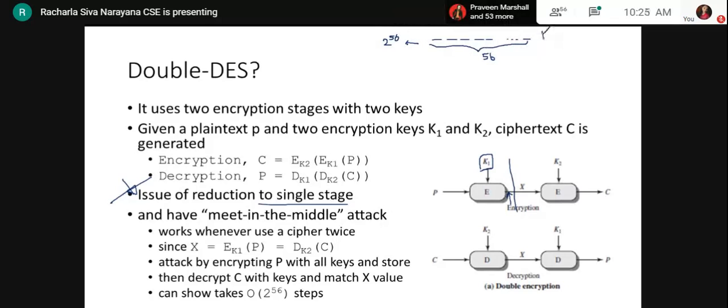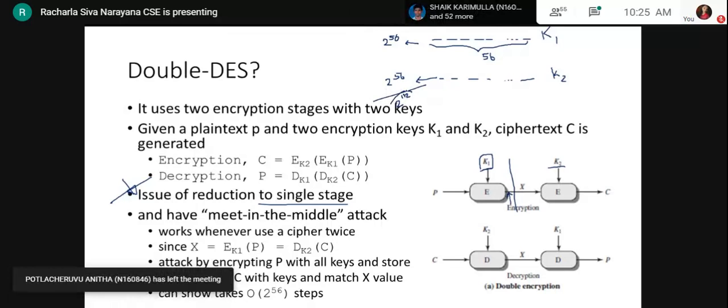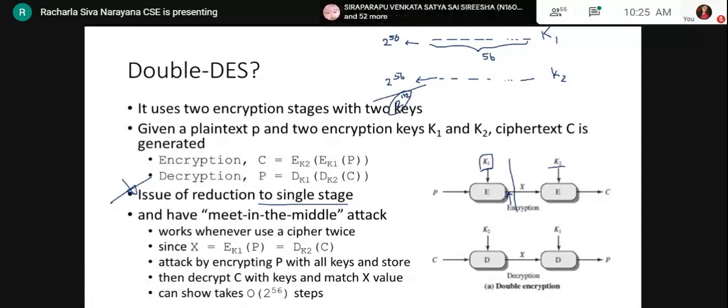Then the attacker needs to perform 2 power 112 keys of analysis.